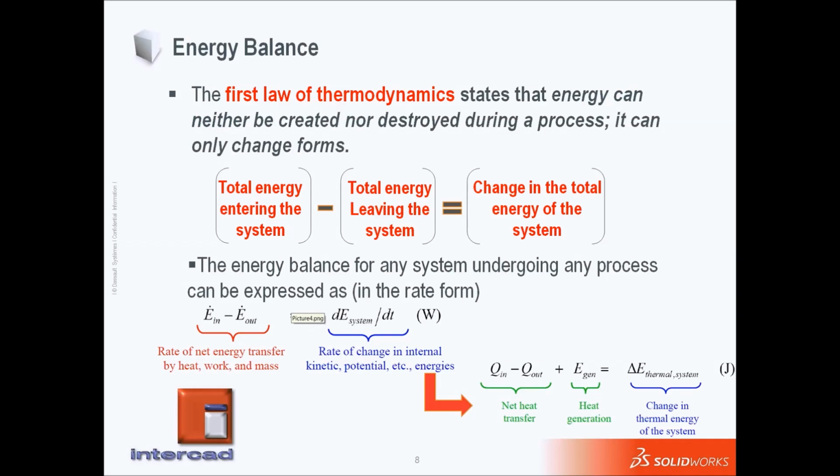All of what we're doing in analyzing a system from its non-equilibrium state to equilibrium state, as we said, is based on the energy equation. The first law of thermodynamics simply states that energy can neither be created nor destroyed during a process, it can only change form.